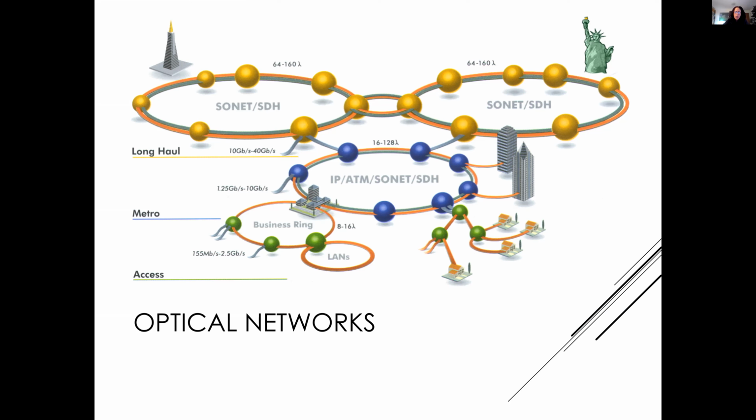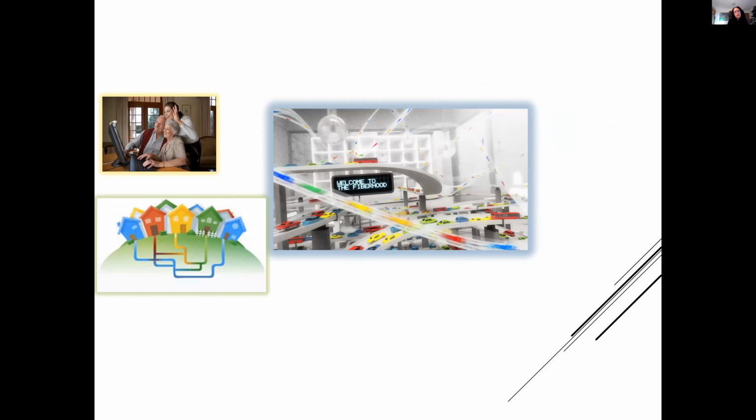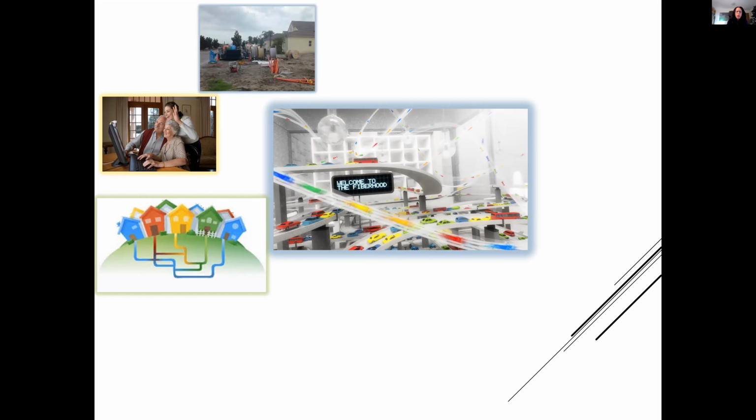It is also important to recall that now we have a lot of access networks that connect the central office to our homes. Actually, these systems are increasing a lot. These are called optical access networks, and Verizon and Google are installing a lot of fiber to connect our homes.